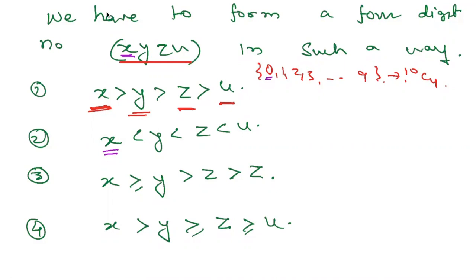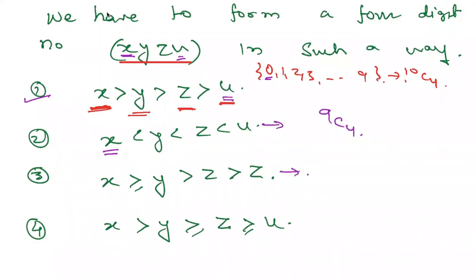So for the second case we must not select 0, but for the first case we can select 0 because 0 goes to U, the unit place. No problem with that. So for X less than Y less than Z less than U, the total number of ways will be 9C4.